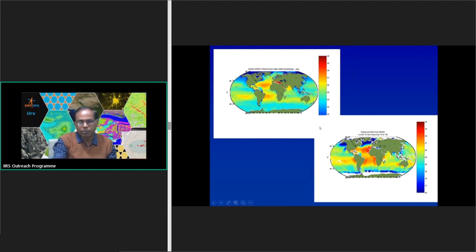So this is the comparison between the SMOS derived satellite salinity map, and the conventionally in situ measured salinity map. Both are almost matching, but some differences are there.